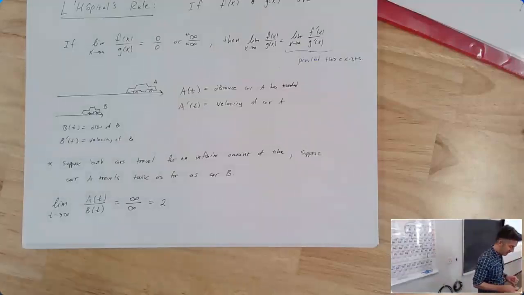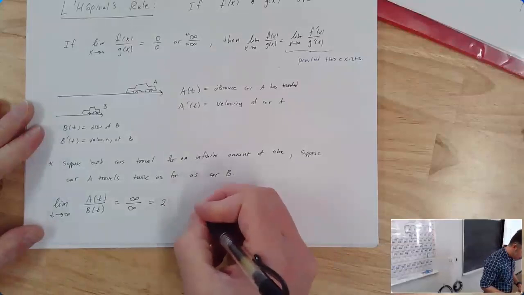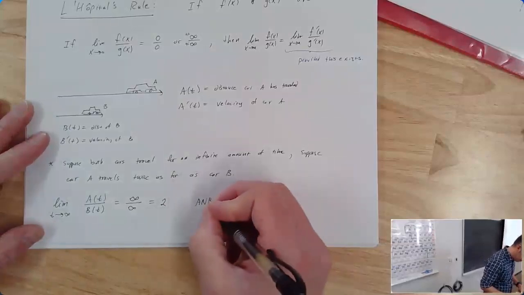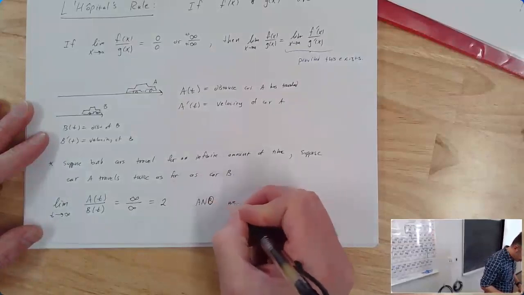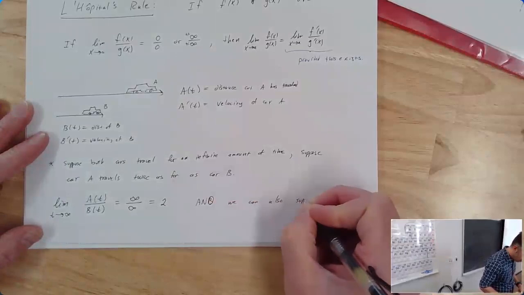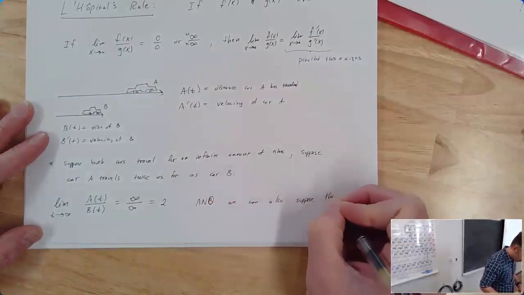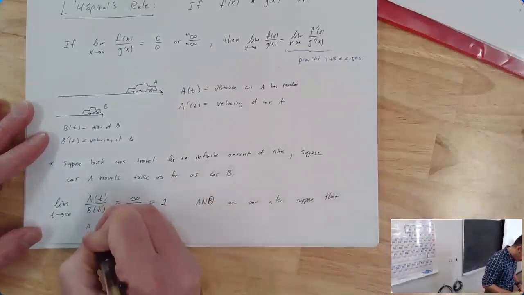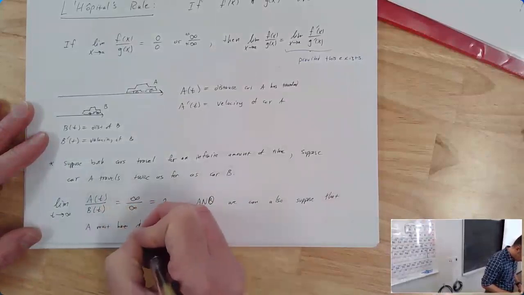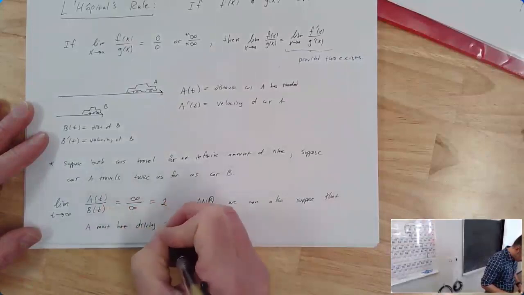So this also kind of means, and that's how you write a B, right, and we can also see or suppose that A must have been driving twice as fast.